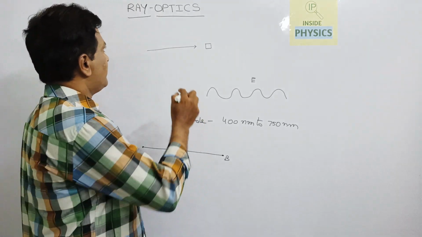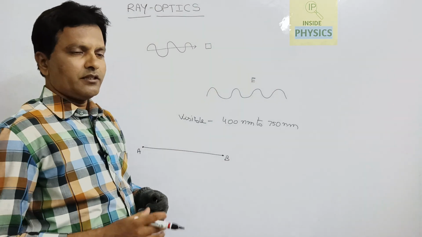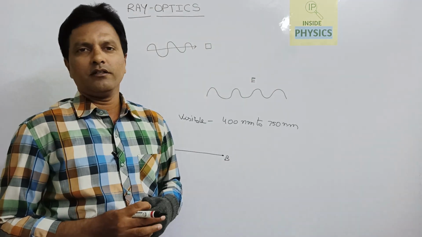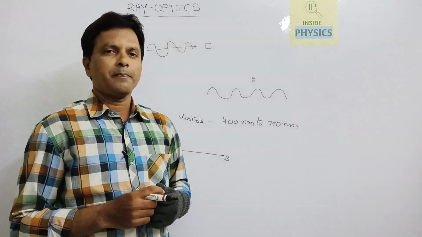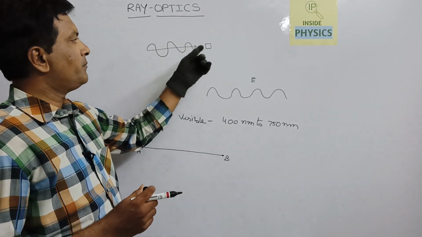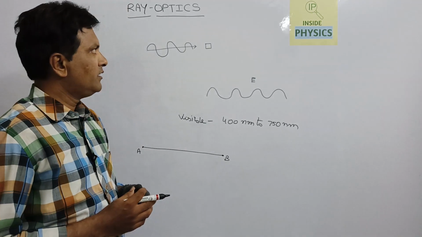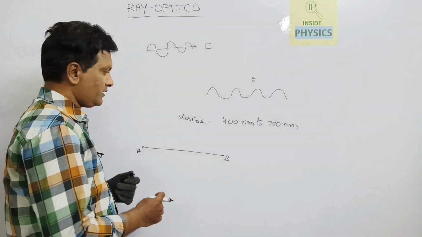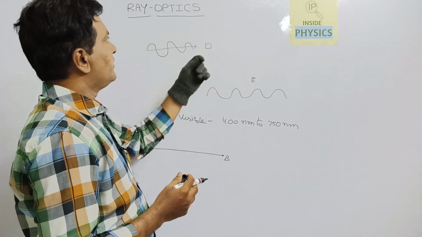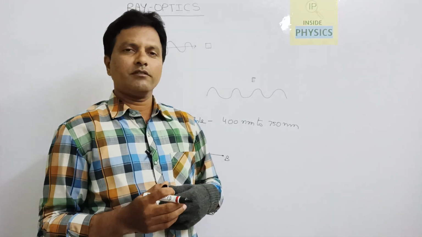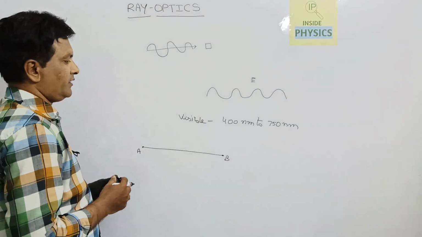Compared to the size of the object, even if it is around 1 or 2 centimeters, the wavelength of light is very small. So obviously the wave will pass in a straight line without getting disturbed by the object, because the wavelength is so small. In this way, we consider light as moving in a straight line.